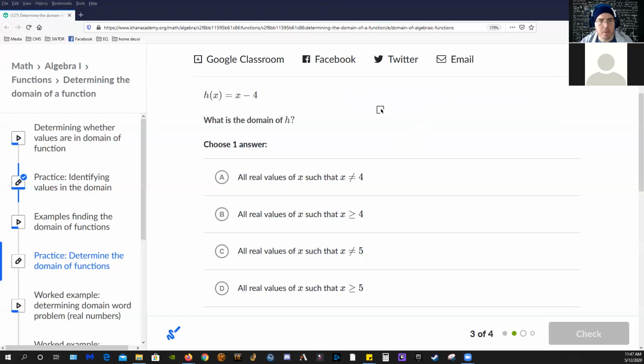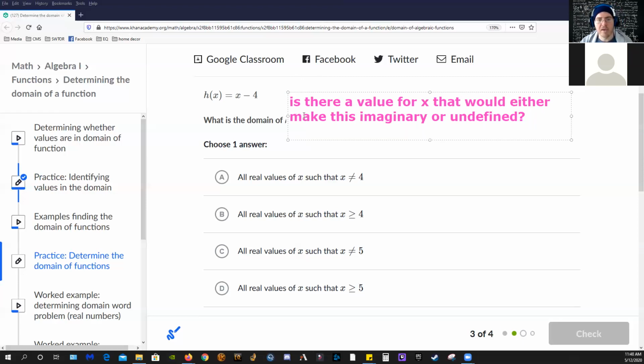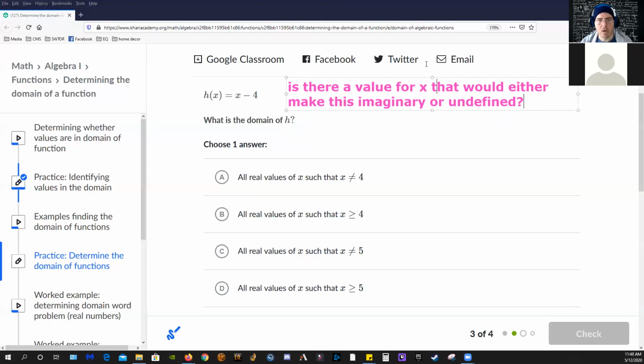So I guess here's where my brain's going here. I'm wondering, is there a value for x that would make this a problem? And if we can think of one, we just need to avoid that thing. Stop it. I keep trying to draw and it just keeps changing.